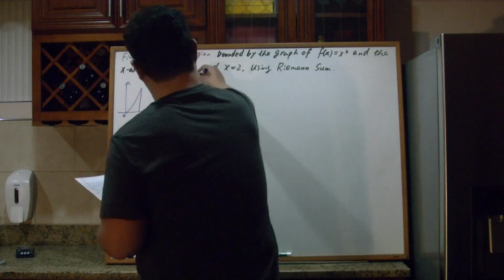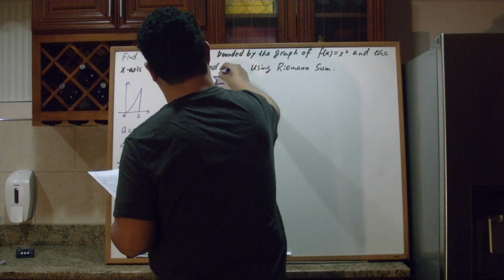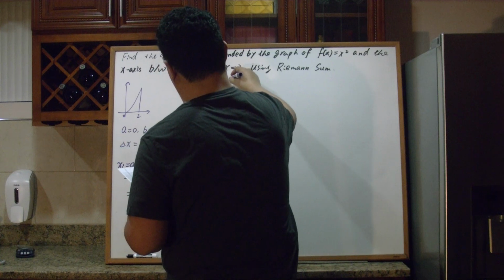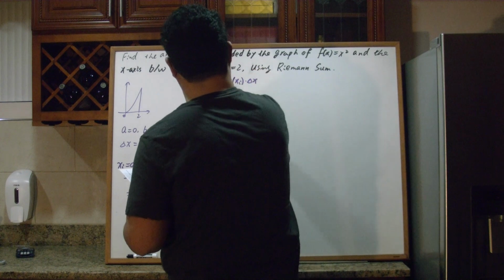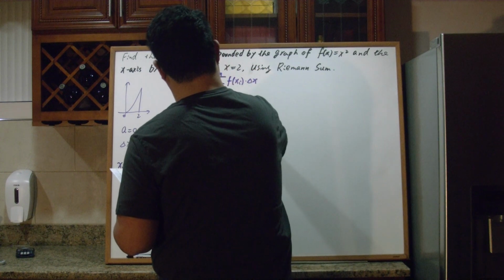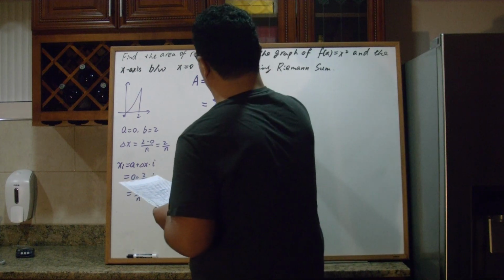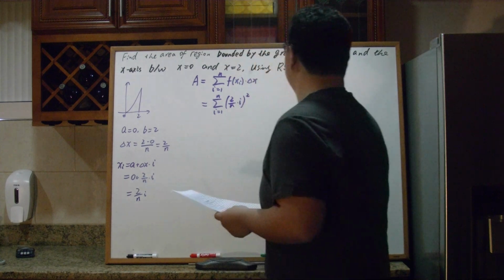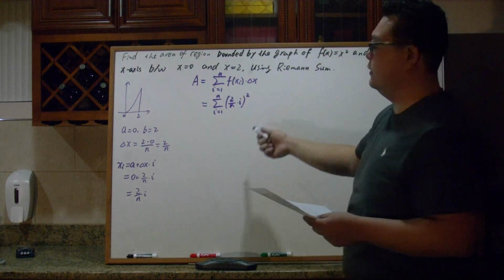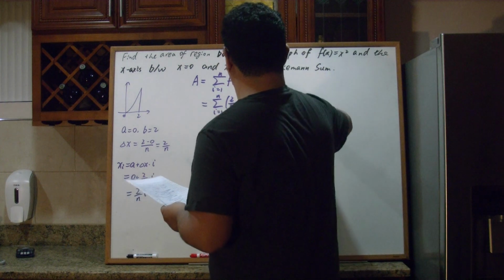So the area is the summation of i from 1 to n of f of xi times delta x. f of xi, that's 2 over n times i, squared, since f of x is the square of x.